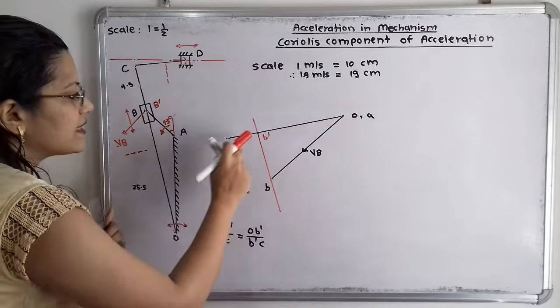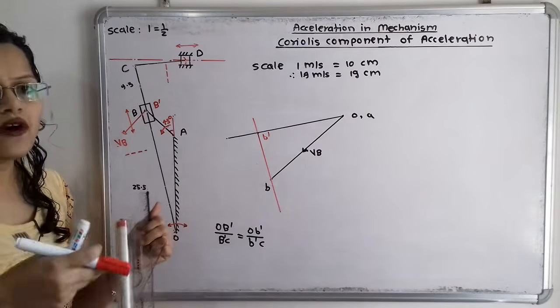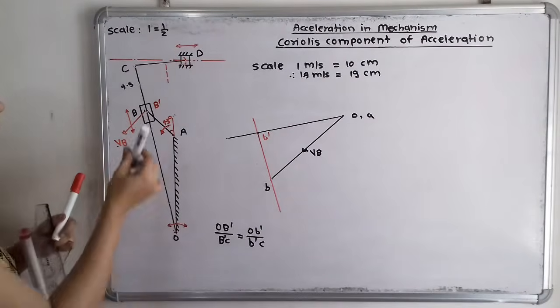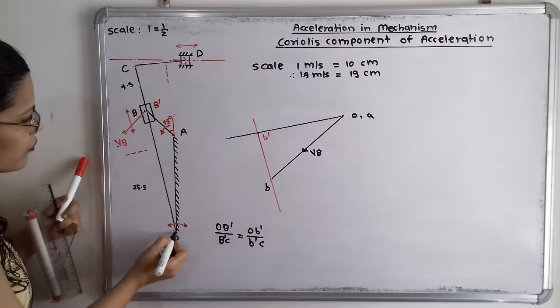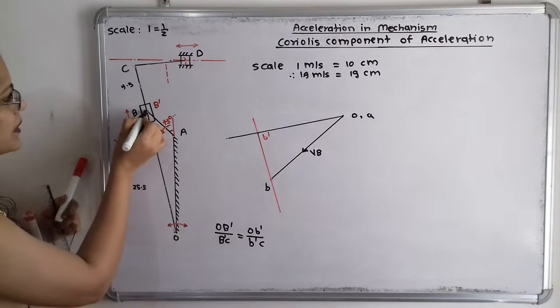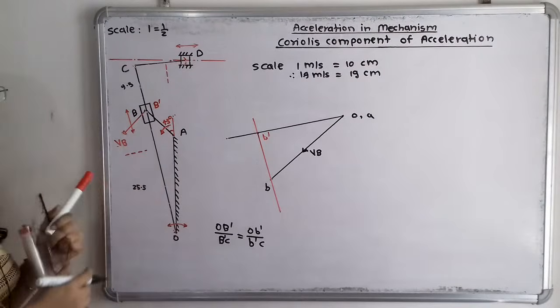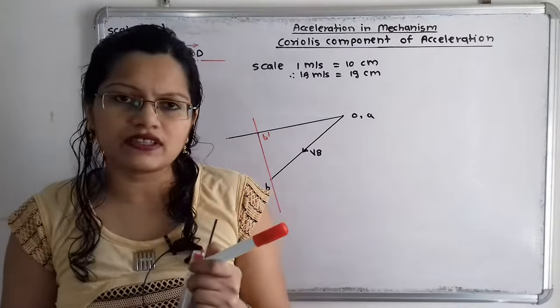Now on this link there is the point C. So how to find that? Here is the space diagram, and in this diagram we will take the ratio of O B dash to B dash C. We will measure this distance with the help of the scale, because this distance is not directly given in the question.